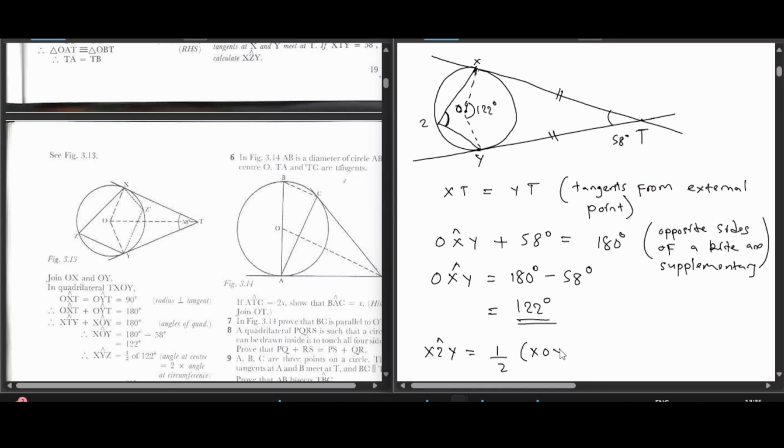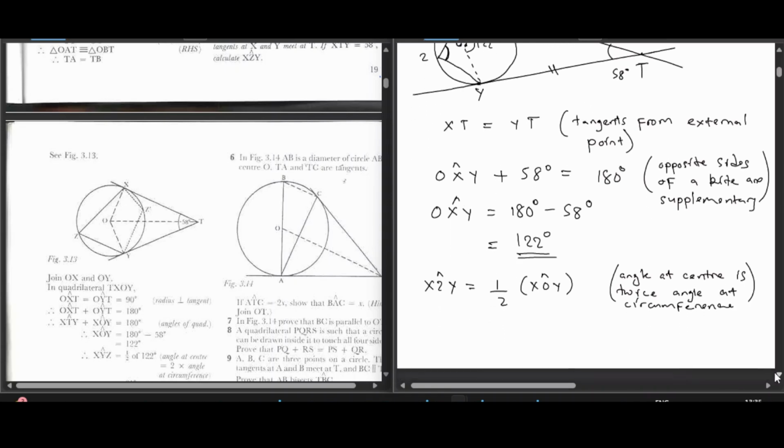And what is the reason? If you remember our first theorem yataura ichiti angle at center is twice angle at circumference. That's the reason. Theorem number 1. So theorem number 1 yakabata zvakawanda.